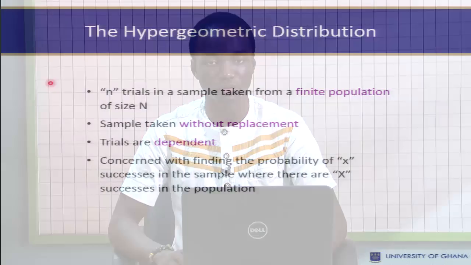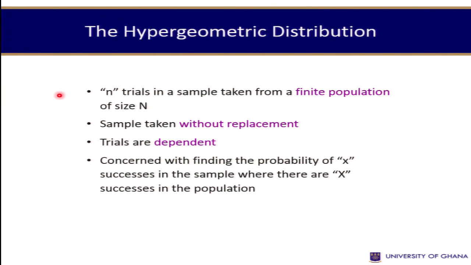Within the population, there is a size of big X equals 10, that is the number of students being left-handed. I take a sample of small n, let's say 5, and I'm interested in finding the probability that there are 3 left-handed students in this sample of 5 that I've taken. That is the situation that warrants a hypergeometric distribution.